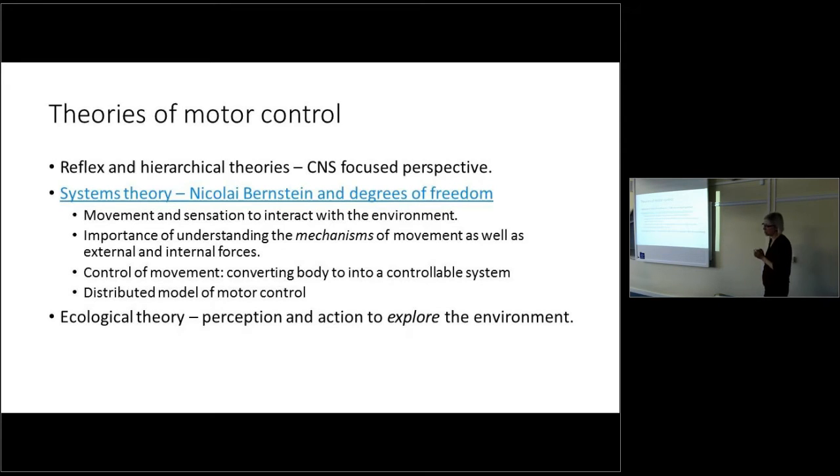So if you're thinking about a child originally walking, when they're starting to learn to walk as opposed to when they are proficient at walking, you will see that there's much more flexion and extension and movement of different joints. So it might be that the walking starts off and it looks quite stilted because they don't have the ability to control all the different joints in the same way.